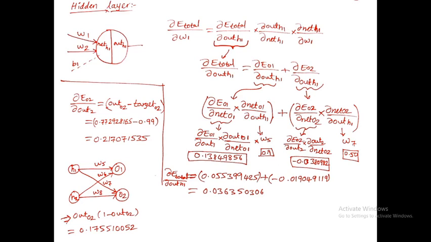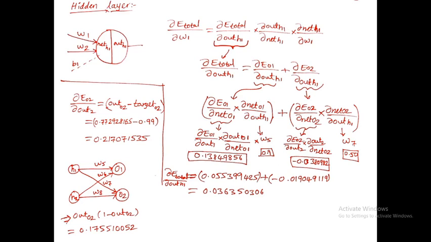Again, to find ∂E_total/∂out_H1, that can be rewritten as follows. Total error can be split into 2 errors, that is the error at the O1 neuron and the error at the O2 neuron.